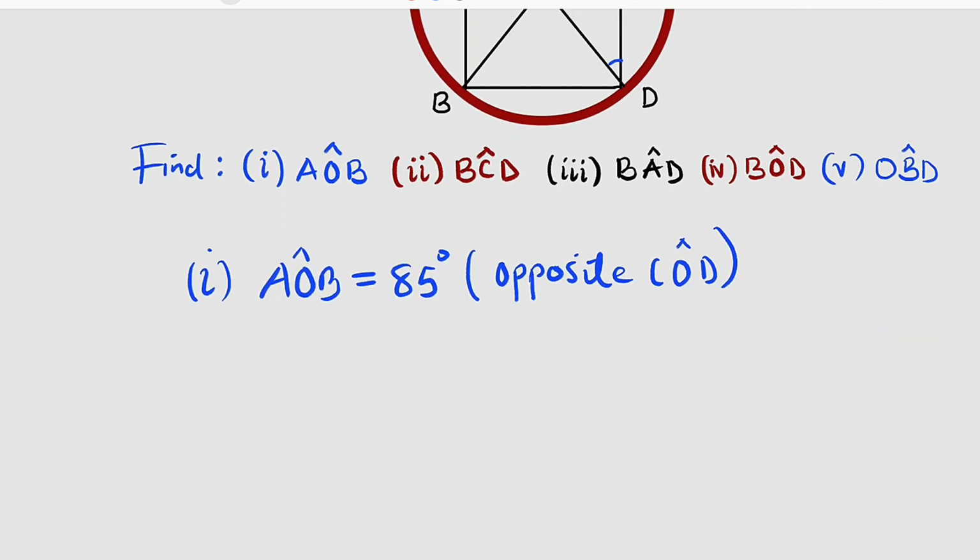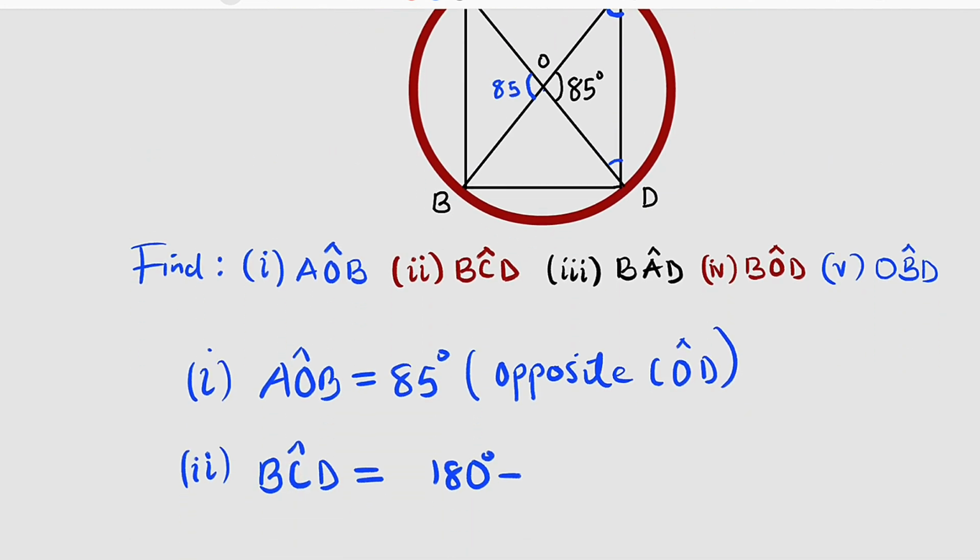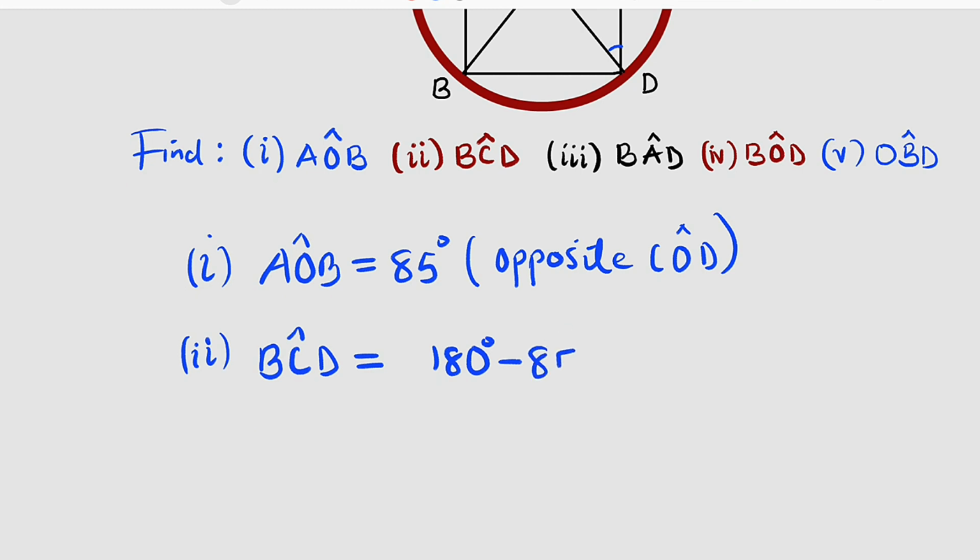So let's write it here. Angle BCD is equal to 180 degrees minus 85 degrees, divided by 2, because the two angles are equal. And 180 minus 85 will give us 95, divided by 2.